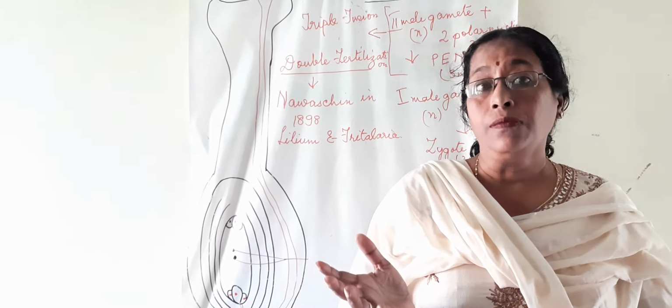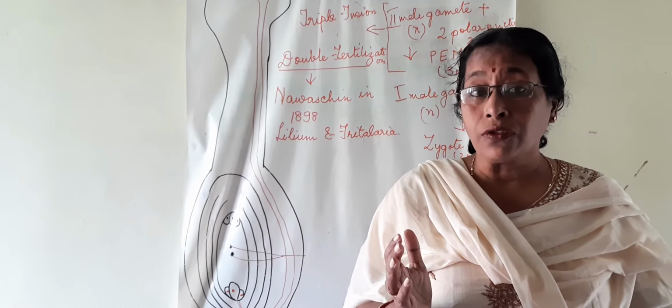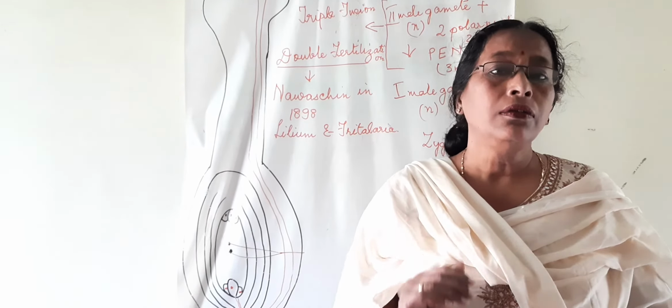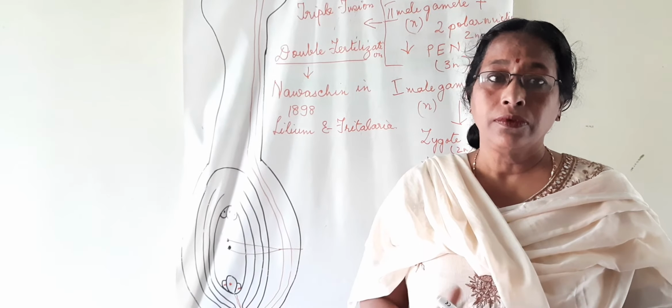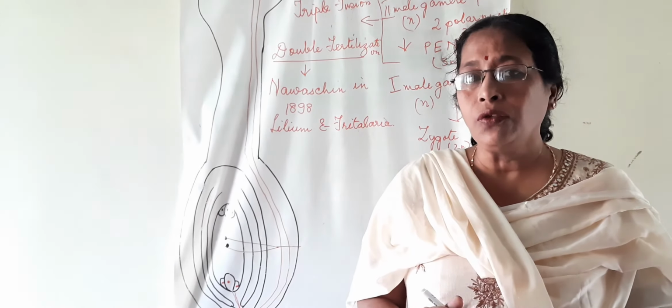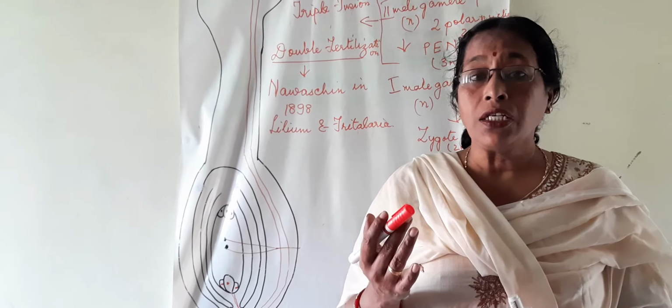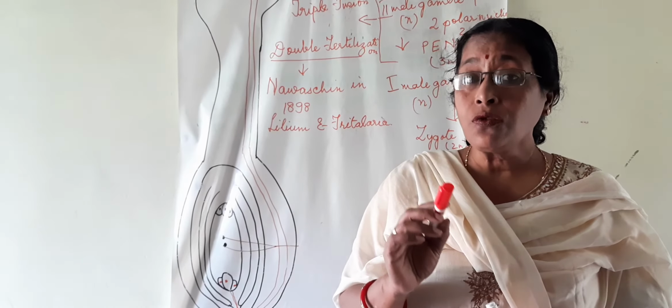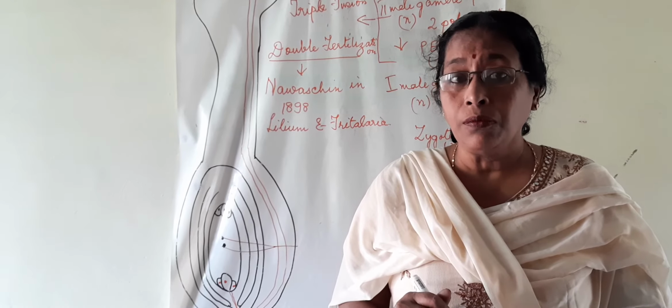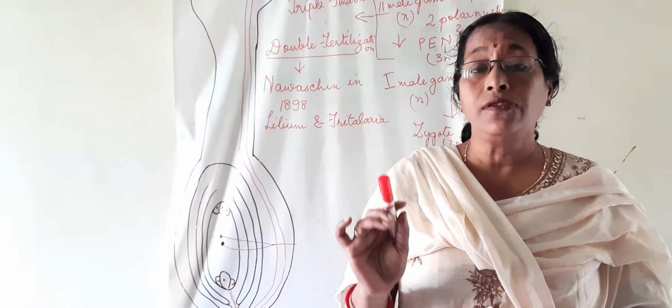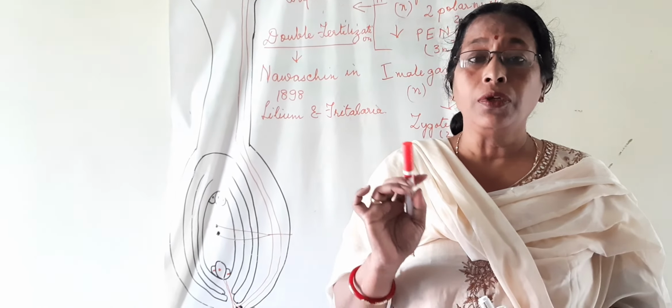Now the question comes, which develops first, the embryo or the endosperm? After the formation of the zygote, the endosperm starts developing because it has to give nourishment to the growing embryo. The endosperm acts as a reserve food for the growing embryo.